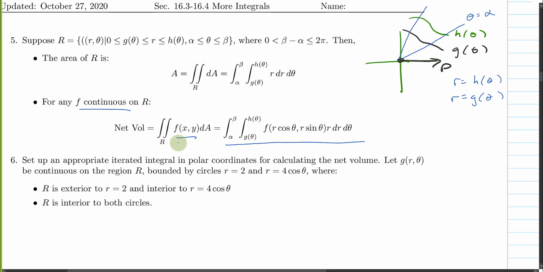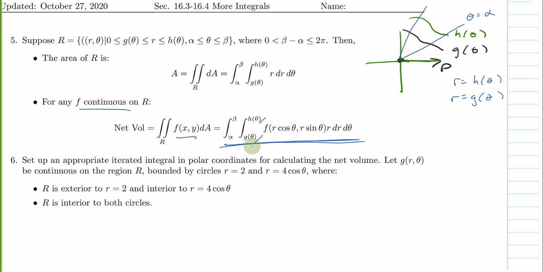If it was a function f of x, y, then if we put it into polar coordinates, that's how we could evaluate that iterated integral. And the thing here, just as before, is that the upper and lower limits of integration, like we saw in the rectangular system, are functions of theta, or functions of the other variable, I guess is what we saw before.